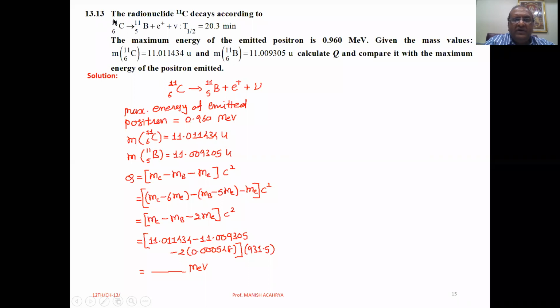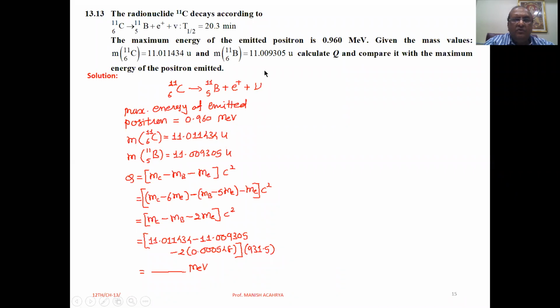Next, 13.13. The radionuclide 6C11 decays according to 6C11 to 5B11 plus positron plus neutrino. The half-life is 20.3 minutes. The maximum energy of the emitted positron is 0.960 MeV.